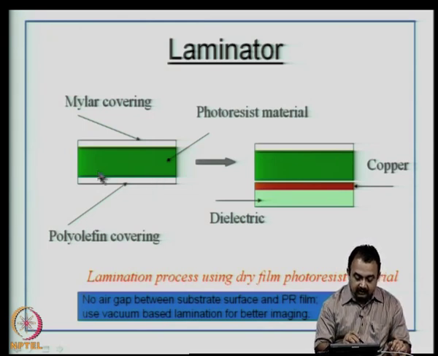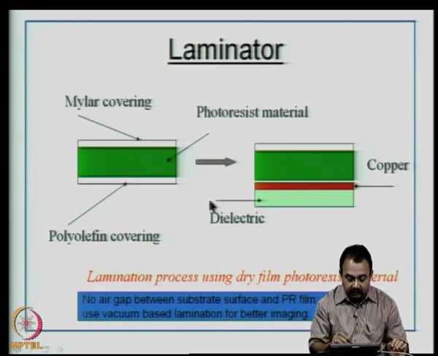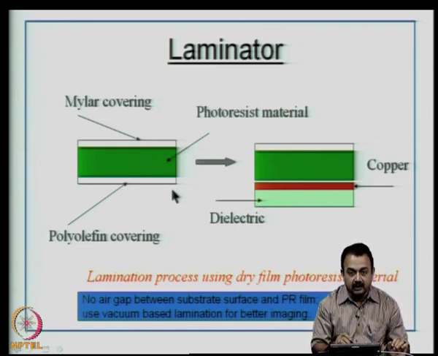Now, this is a cross section, what you are seeing is a cross section. Now, if you remove the bottom polyolefin covering, your board gets introduced into the dry film cross section. So, you can see this is the copper, this is the organic dielectric. Now, there is an adhesive in the photoresist material, it bonds with the copper on the PCB, and that is how you get a laminate. This is the lamination process that we are talking about.